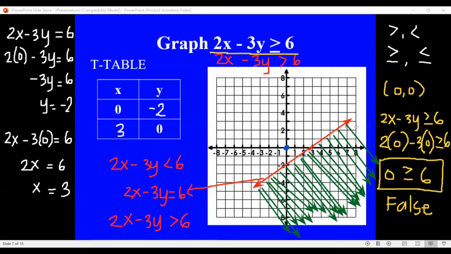Again, the use of the line here will be to separate the greater than from the less than. Okay, so if you want to check some points, you can actually get some points here in the shaded area now.